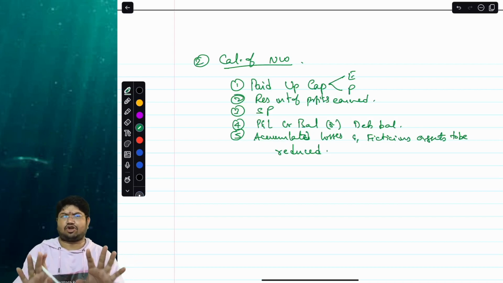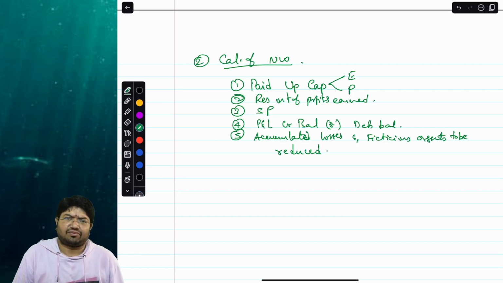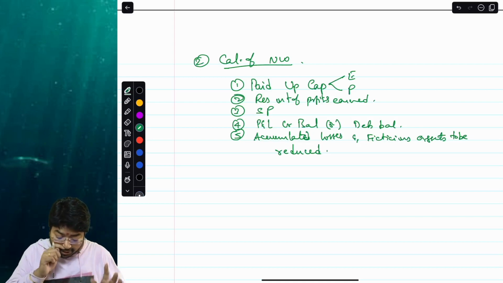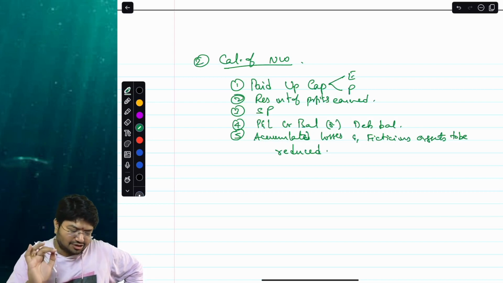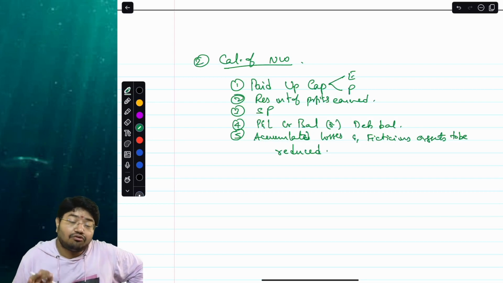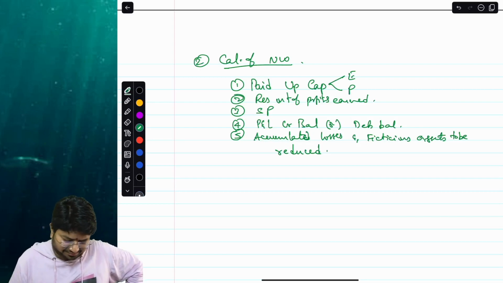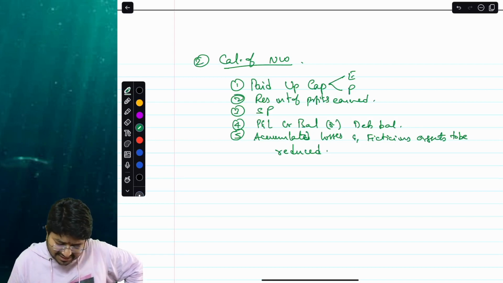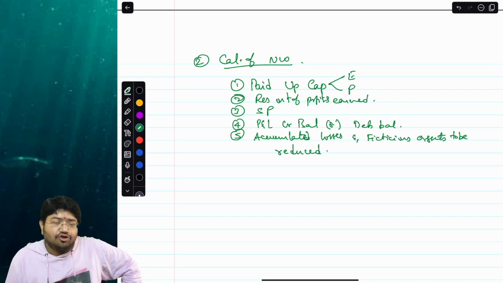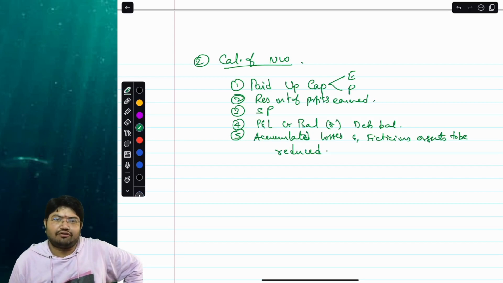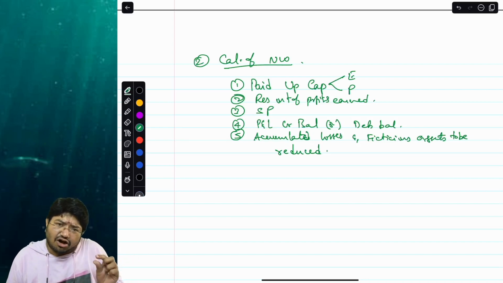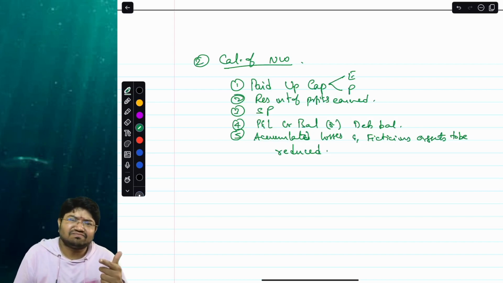There is something which is known to us. Okay. Now comes the most important thing, accumulated losses or fictitious assets to be reduced. What this means is, if you have created revaluation reserve, is it a reserve out of profits earned?